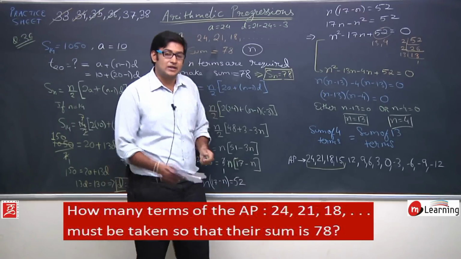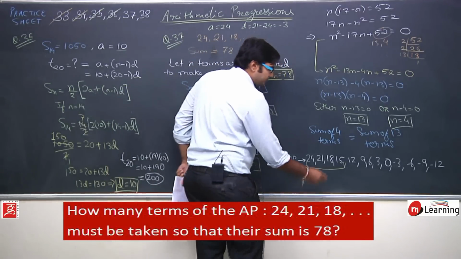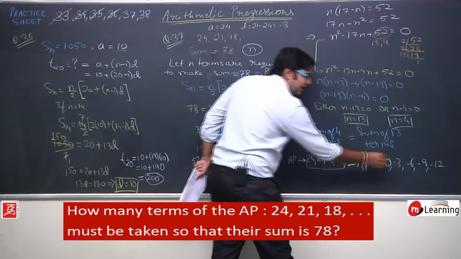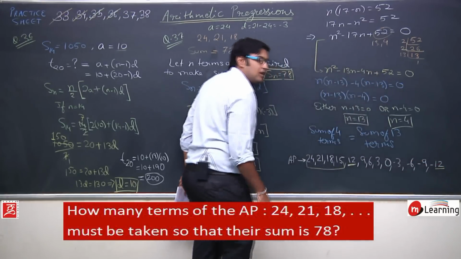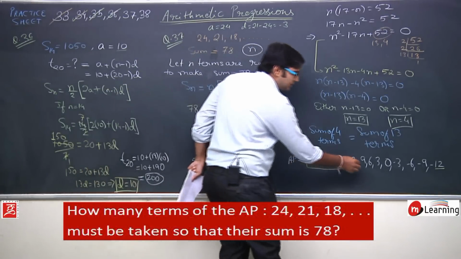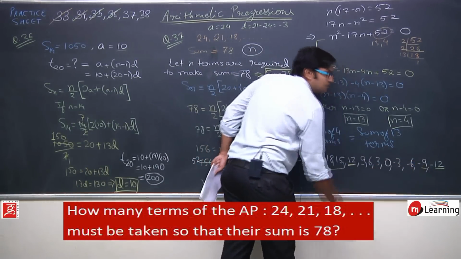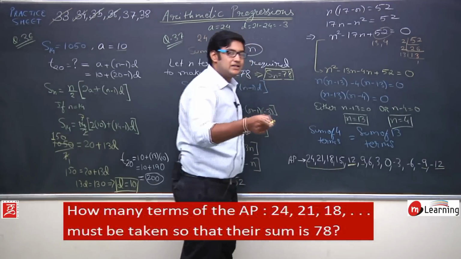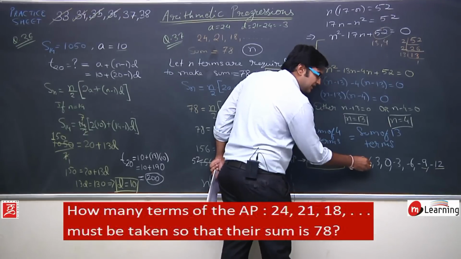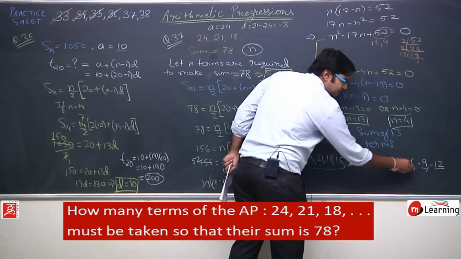Why is it happening? It is because you can see, here I have a term 12, here I have a term minus 12. So 12 and minus 12 will get cancelled. Here I have a term 9 and here I have a term minus 9. So 9 and minus 9 will again get cancelled. Here the value is 6, here it is minus 6.